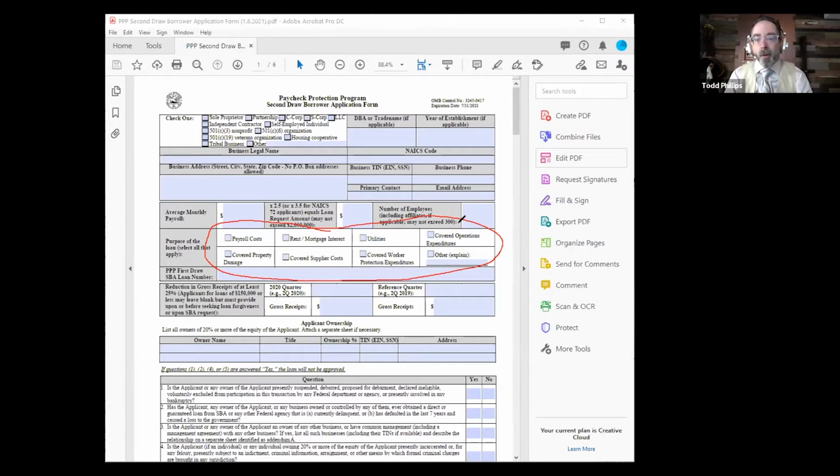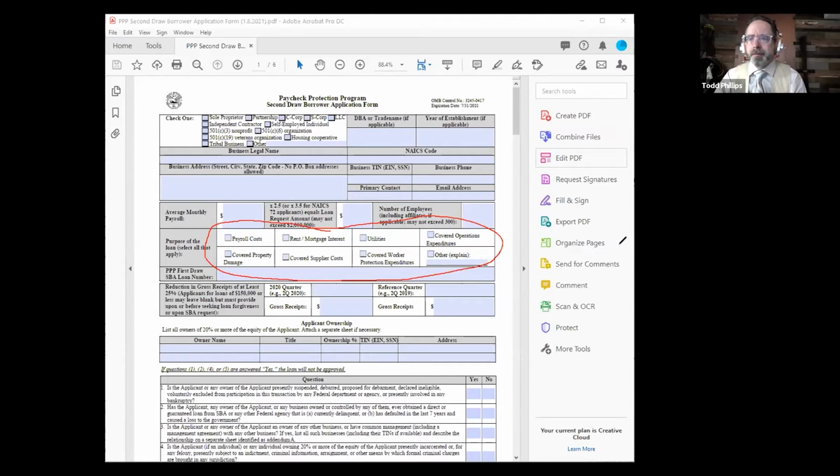So before, I would have said, just use your payroll costs because that's going to give you 100% forgiveness. And that's how they calculate the loan and you're good to go. Now it matters, right? Maybe we should really think about what we're doing in this for all of the other costs. So what are some of the other costs that qualify, and what do I need to pay attention to?